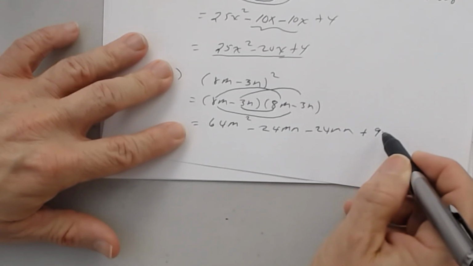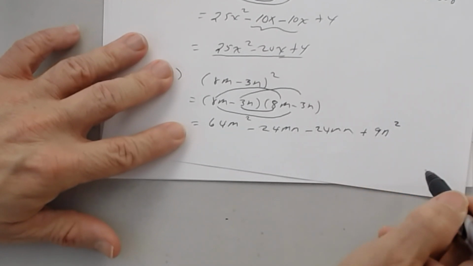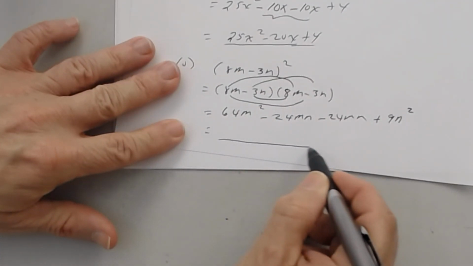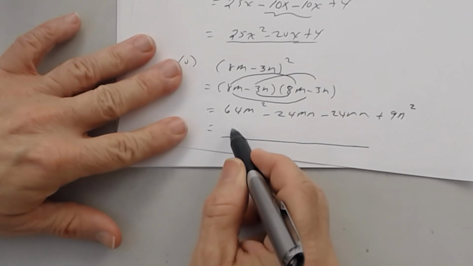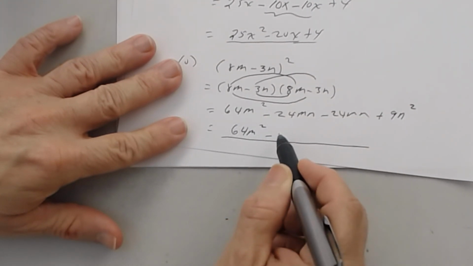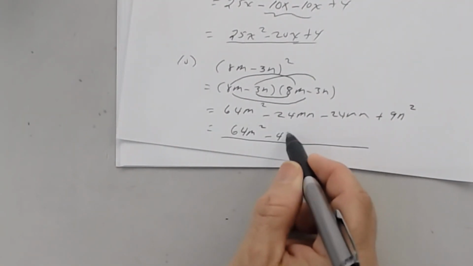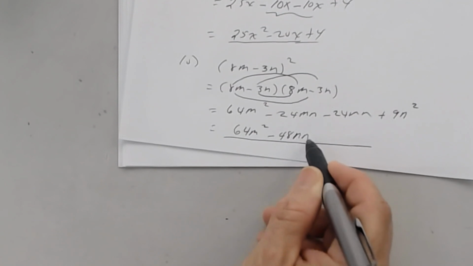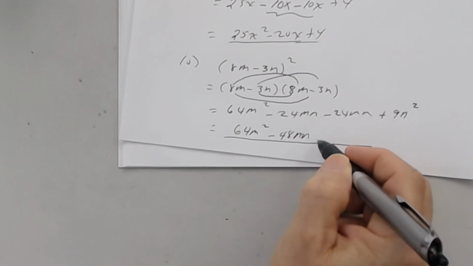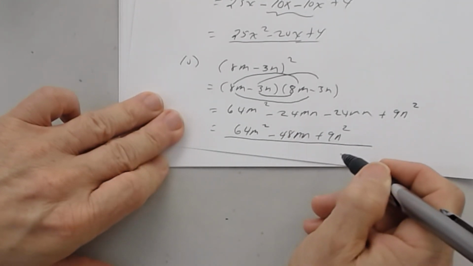Positive 9n squared. And so what's your final answer? 64m squared minus 48mn. Yeah, so a negative 24 and a negative 24 is a negative 48. So negative 48mn and then plus 9n squared. Okay?